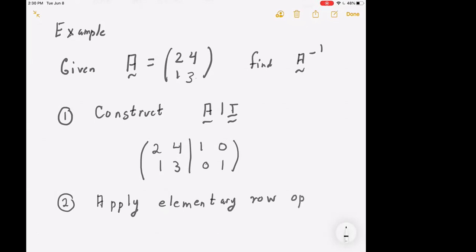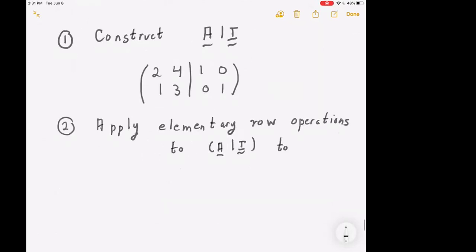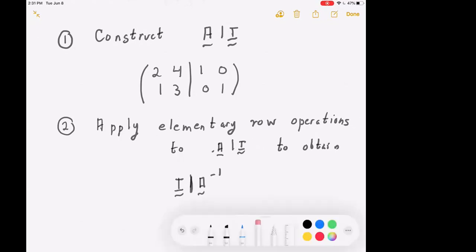But if you actually want to roll up your sleeves and get into the nitty-gritty of solving the problem, you want to just apply elementary row operations to this entire new augmented matrix, this 2x4 augmented matrix. And then when you finish, you want to have a result that looks like that. And you can just read off of that the inverse of A. Okay, so let's do that in this problem.